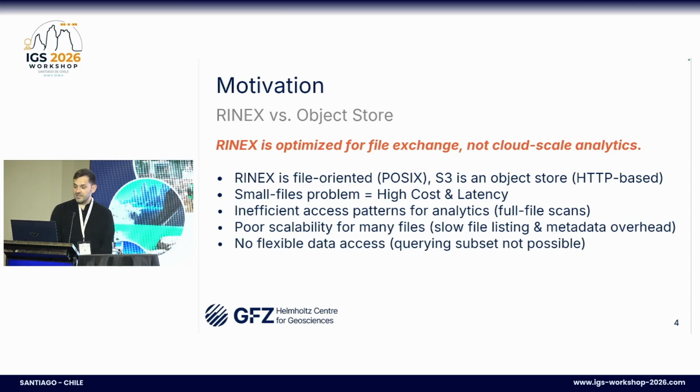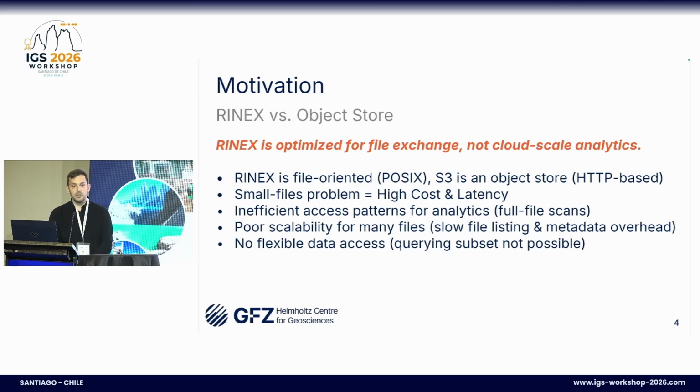We have data sets that contain millions of small files, and each file is basically a separate S3 request, which then causes a high cost and a high latency. And we also have inefficient access patterns for our analytics. RINEX is text-based and not a columnar format, so we have no ways of indexing or filtering at the source.